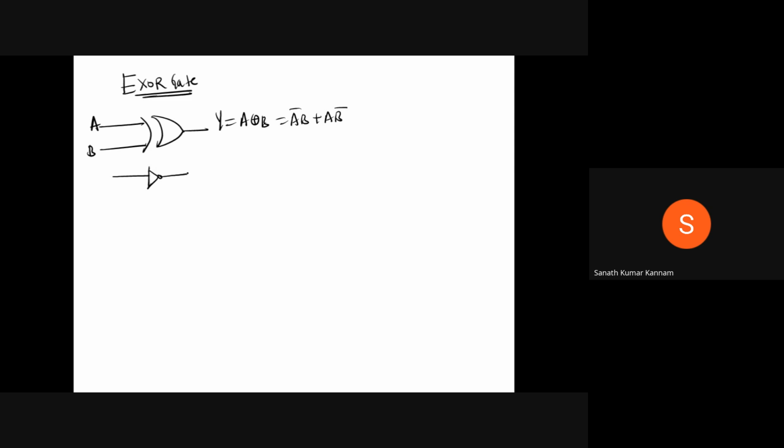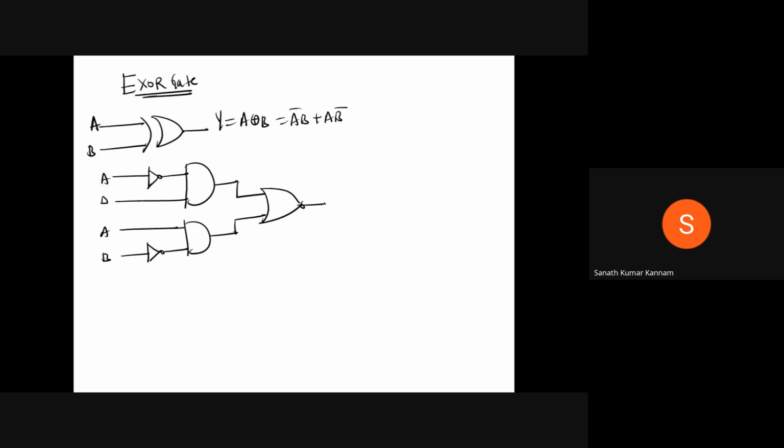So this is an inverter directly connected to the AND gate, and this is an inverter, with inputs A, B and A, B. And this is connected with the OR gate. Wherever the AND gates are there, you need to add the bubble at the input. Wherever the OR gates are there, you need to add the bubble at the output. And wherever you added the bubble, you need to add the inverter.